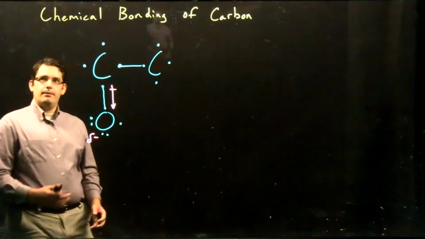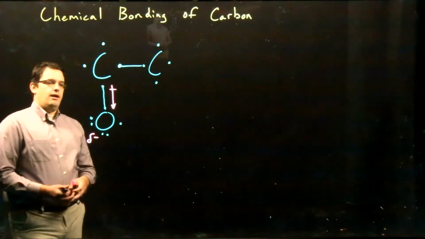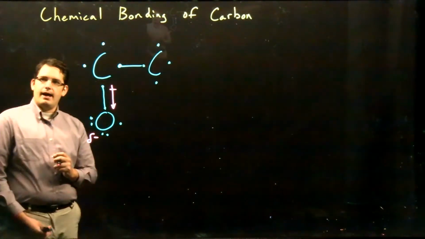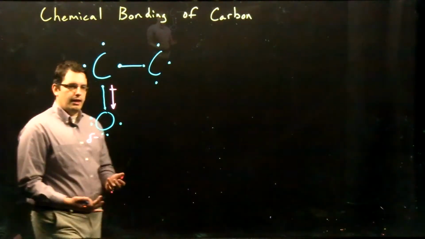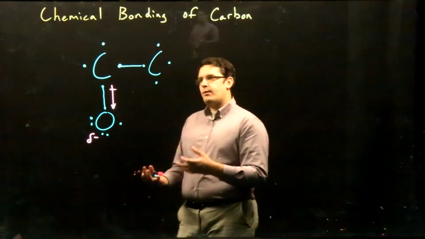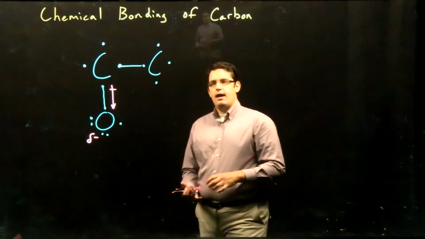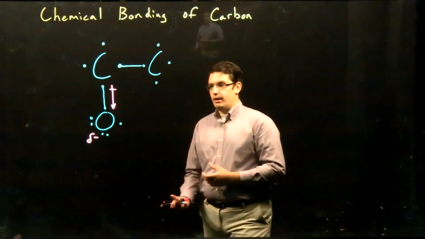So this would become partially negatively charged as it's pulling those electrons toward itself, and this would then become that reactive site in our molecule. We of course talked about this in detail in our previous reactivity video, but for today what we're primarily interested in is how the bonding of our carbons can affect the structures of the molecules that we build.